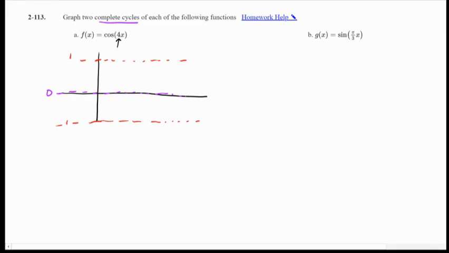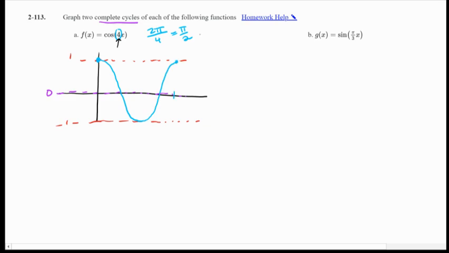Now, the b value, however, since we have a b value of 4, I need to do 2 pi divided by that, which will tell me the whole period, or how far it goes until it starts to repeat. So when I start graphing this, I start at the top because it's a cosine, and I go down, and I hit the minimum, and I come back up, that's 1 period.